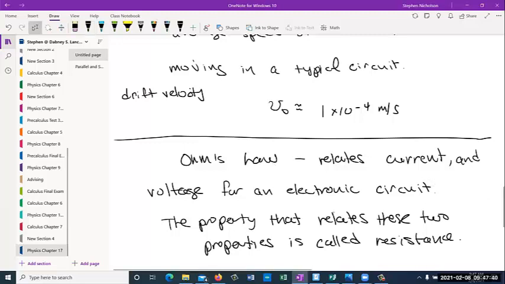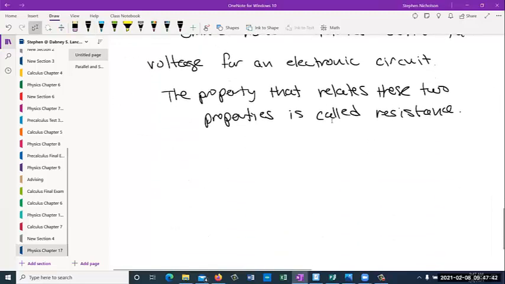And luckily for us, for most of the things that we deal with, there's a nice relationship. Conductors like copper, aluminum, gold, or silver have very low resistances. Then you have the resistors that we've been dealing with in the electronic circuits, which have higher resistances.